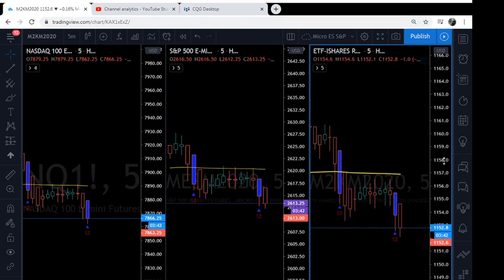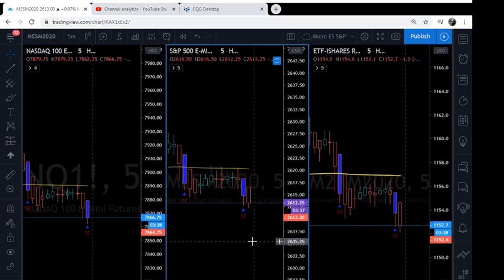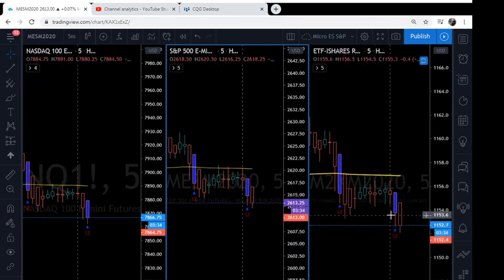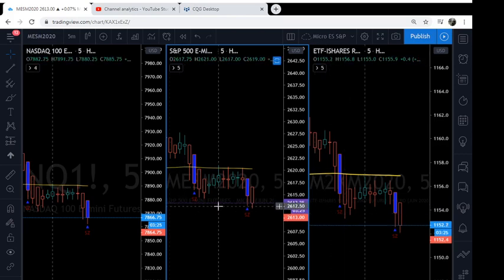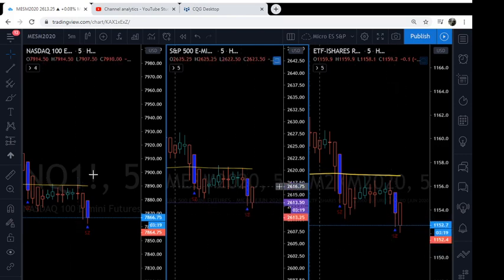As for Russell 2000 and S&P 500 futures, the signal came a bit late, but I only entered with Russell 2000 because it carries much lower risk compared to S&P futures and also the NQ. So between those three, Russell 2000 or RTY has much less risk compared to those two.